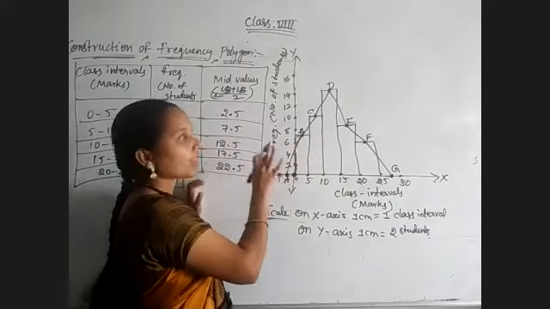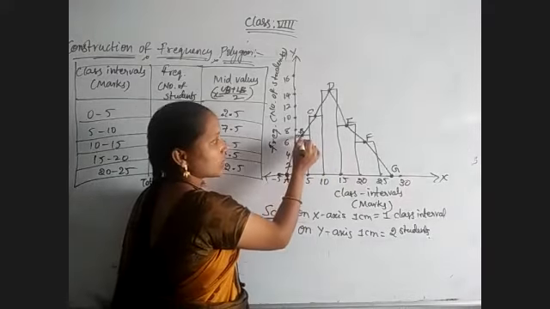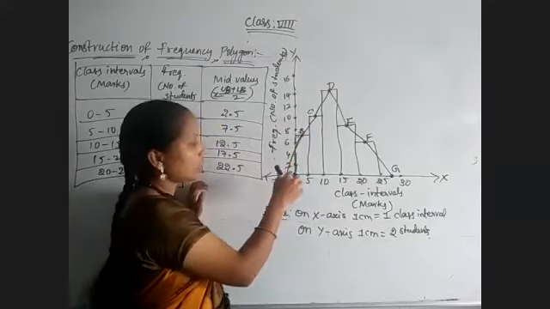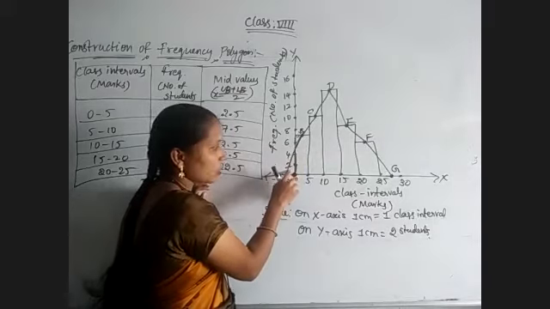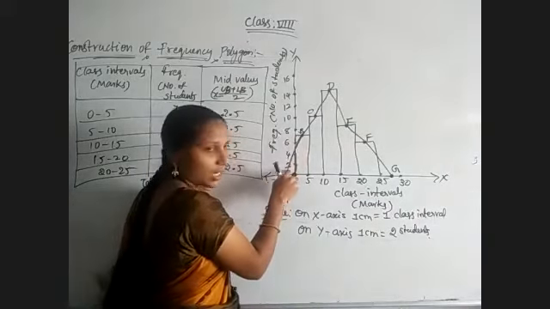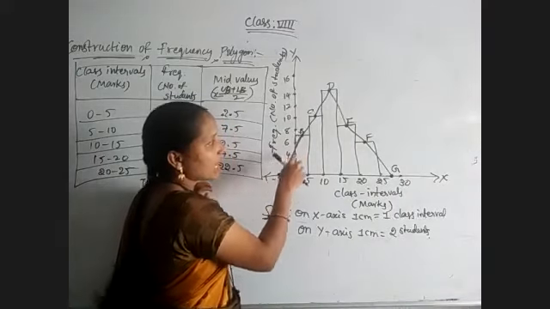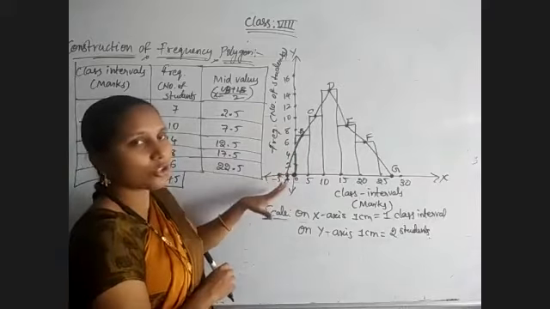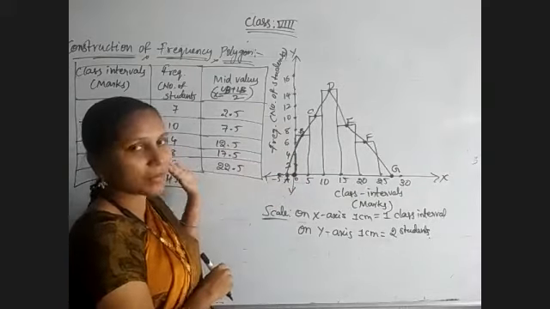Whatever portion we miss while drawing the polygon, that area will be included elsewhere. This much space is left here, and that space will be covered here also. That means the area of the frequency polygon and the histogram are the same for the same data.